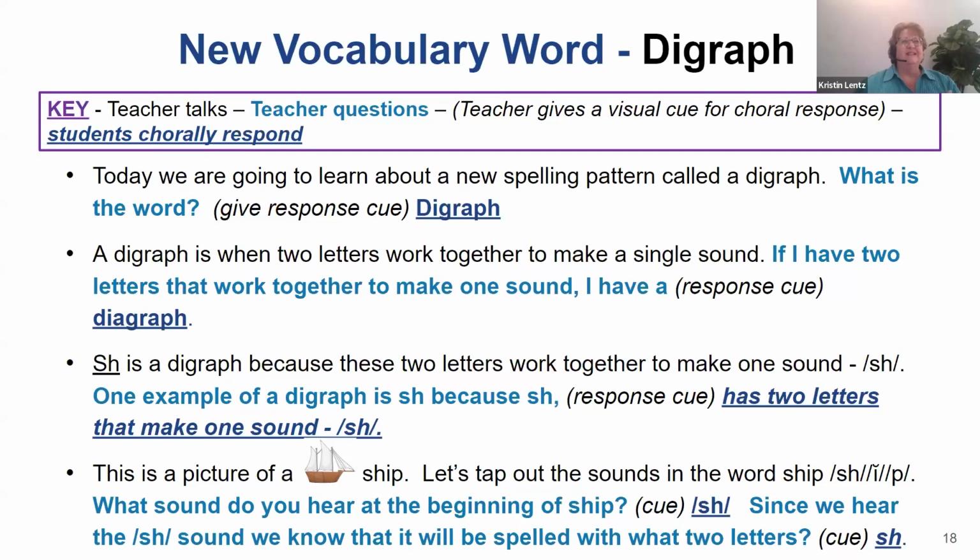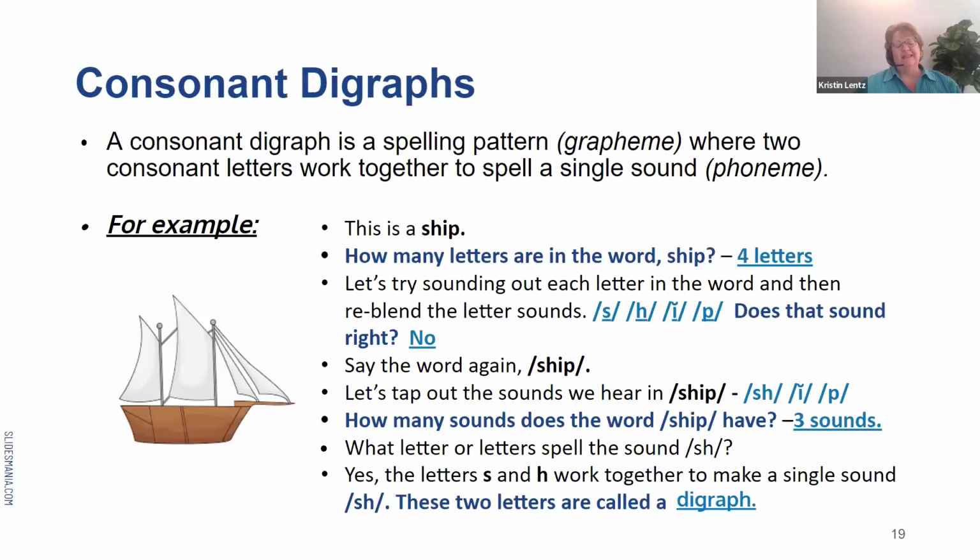And again, this is just a really quick, fast example of what I may do as part of introducing a new vocabulary word. This is another way that I sometimes will explain a digraph to students, particularly students that might struggle with the idea of why we say that is one sound.